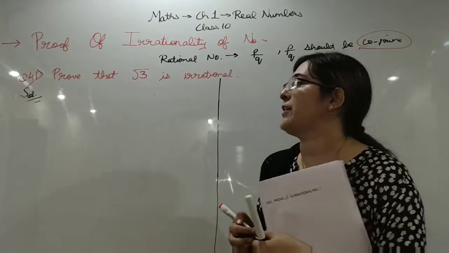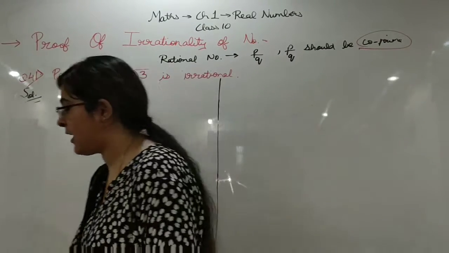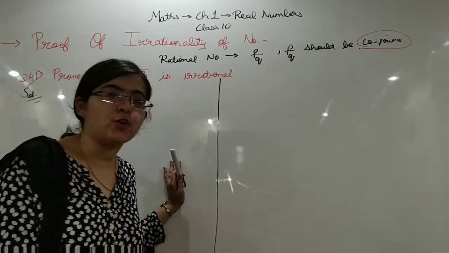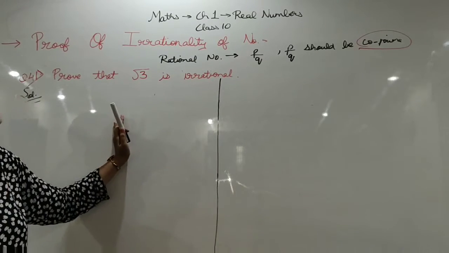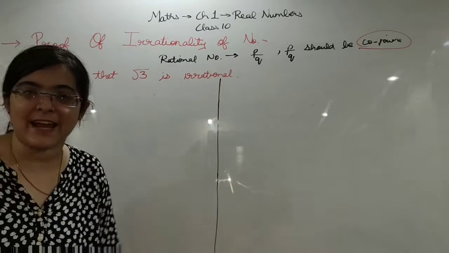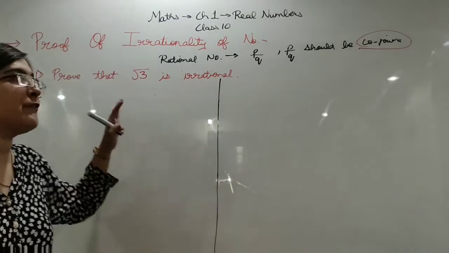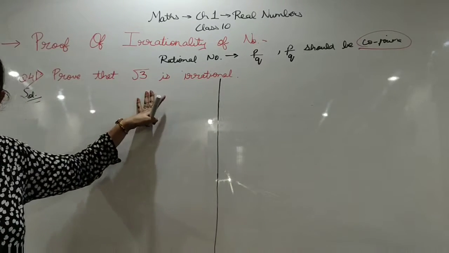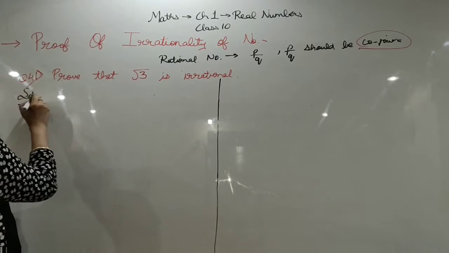Your question number 41 is proved that root 3 is irrational. Okay, I am solving this question for you. I will give you the next question as homework, in which you have to prove root 5 as irrational. Okay, for understanding the steps, keeping it in mind, we are solving it again, the same procedure. So say along with me what I will write first.